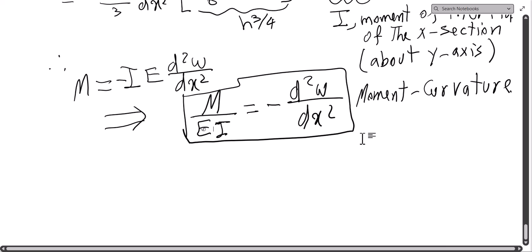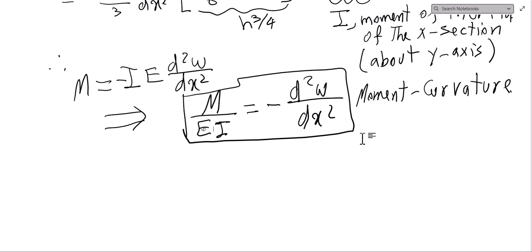That is a very profound insight into the mechanics of a beam, in this case Euler-Bernoulli beam, and therefore for a given bending moment we can calculate the curvature, and if you integrate the curvature you have the slope dw/dx, and if you integrate the slope, you have the w, the deflection.